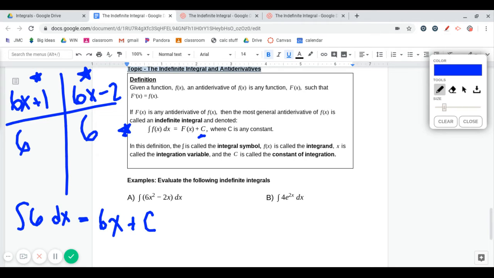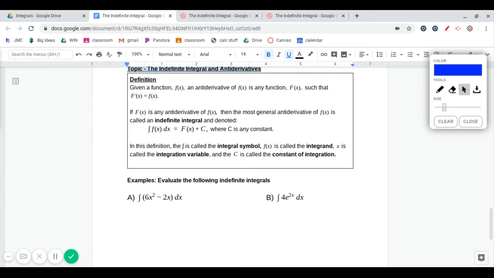It might be 0. But when you integrate an indefinite integral, you just aren't sure, because you don't have those bounds. So the thing that, when you derive it, gets a 6 is 6x, but there might also have been some constant attached to it. That's why you need that plus c.